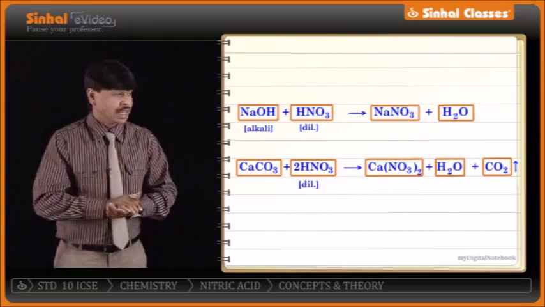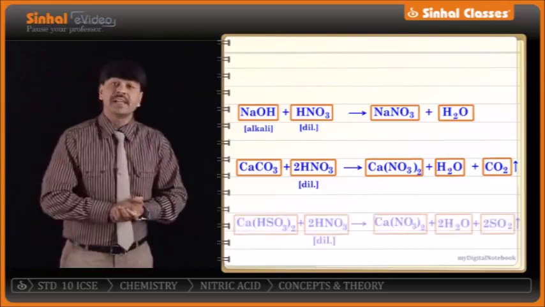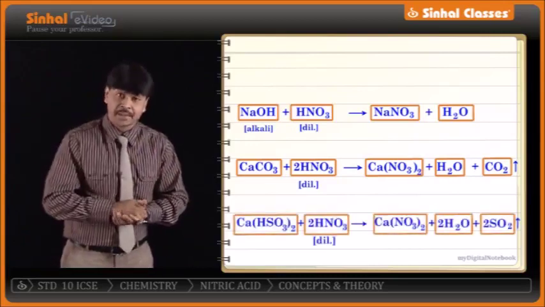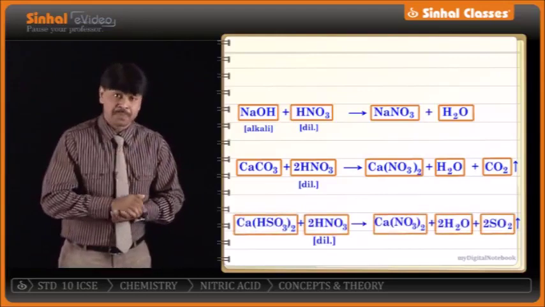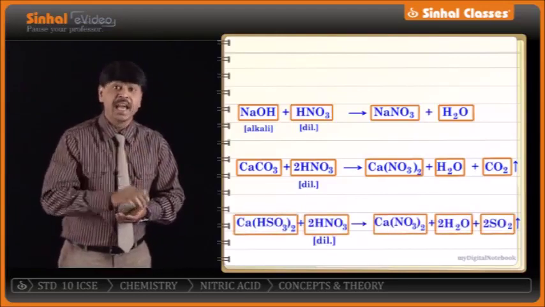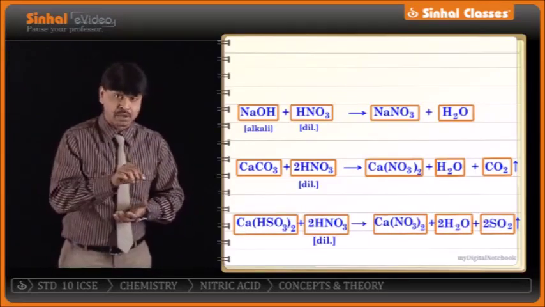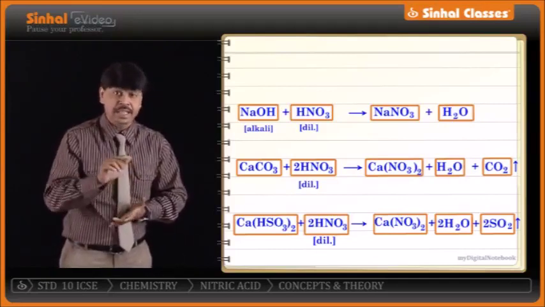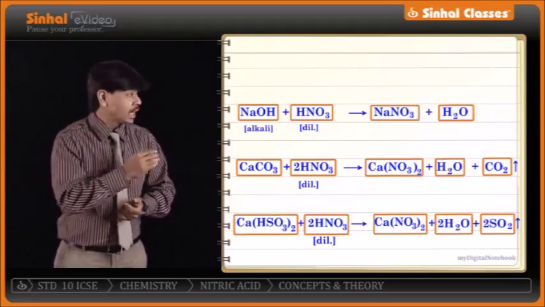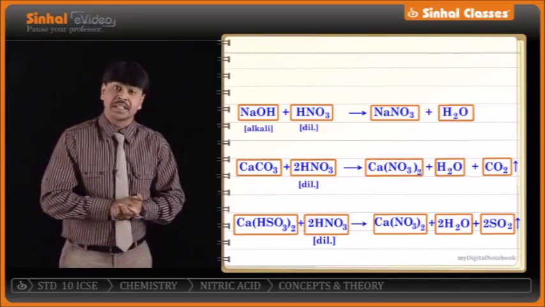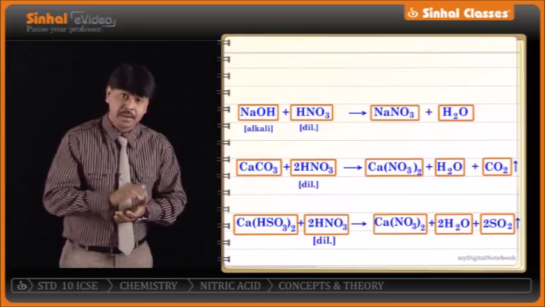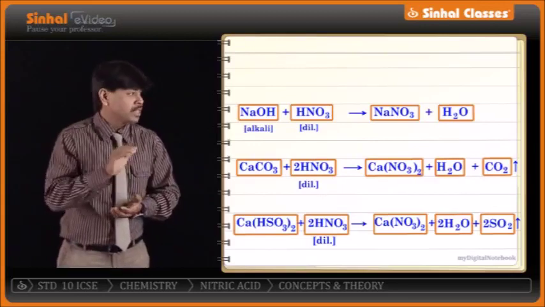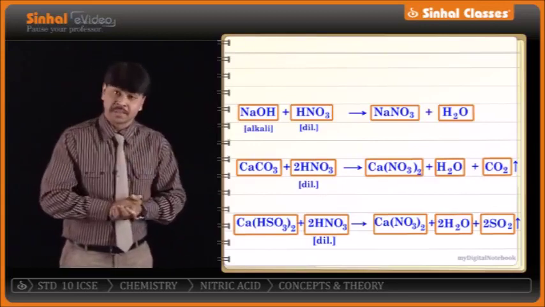Not only that, it can also react with metal bisulfite, like calcium bisulfite, Ca(HSO3)2, reacts with nitric acid, HNO3, giving you calcium nitrate, that is Ca(NO3)2, plus H2O plus SO2 gas.